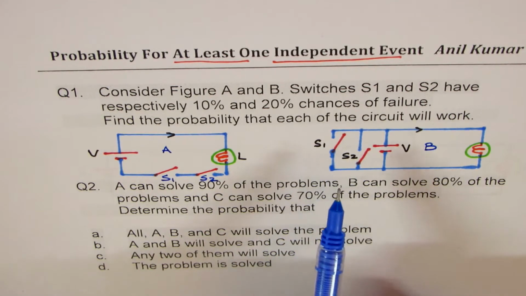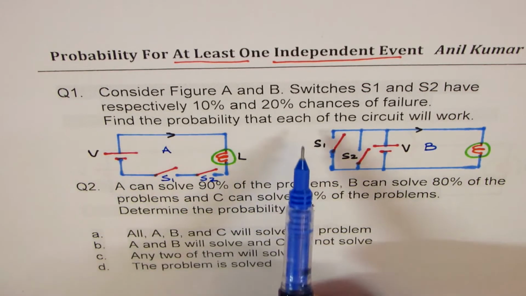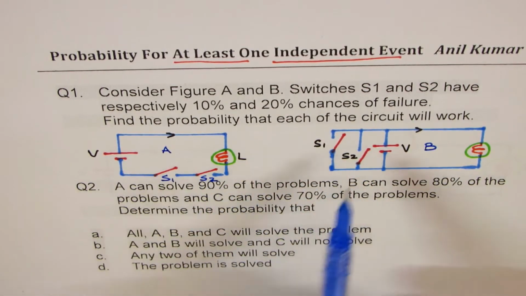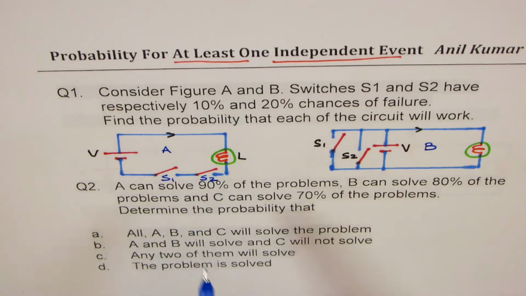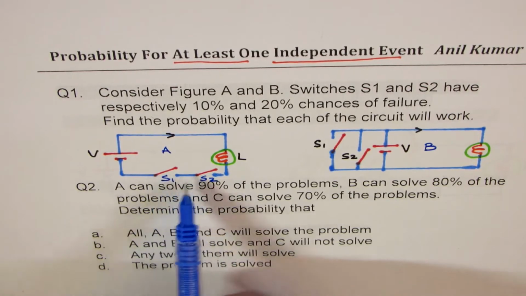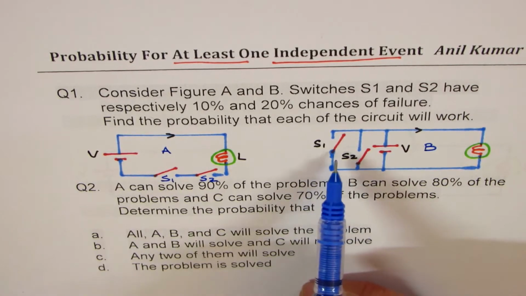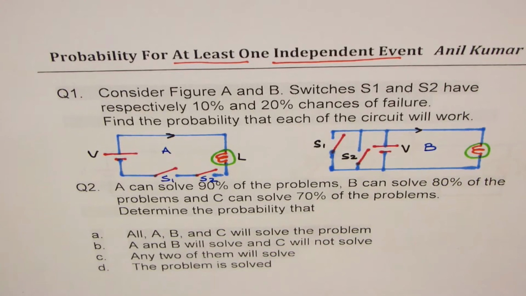Now, can you tell me, if we have to find the probability that each of the circuits will work, then at least one should work means what? Well, in this particular case, both should work, correct? But here, when we place them in parallel, then the case is that at least one can work, correct?